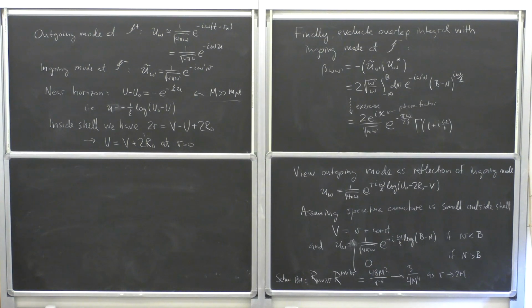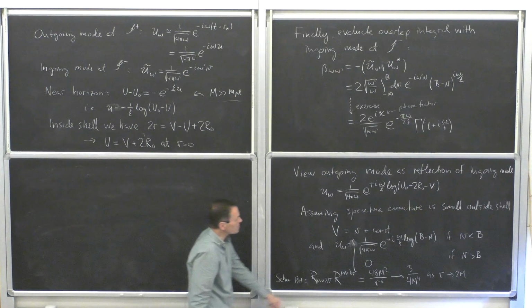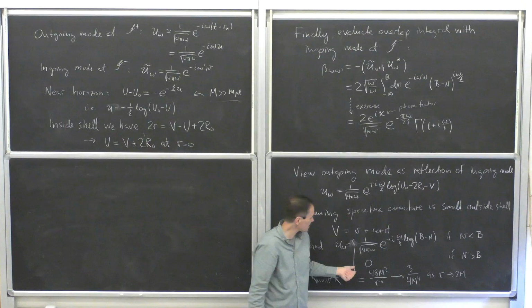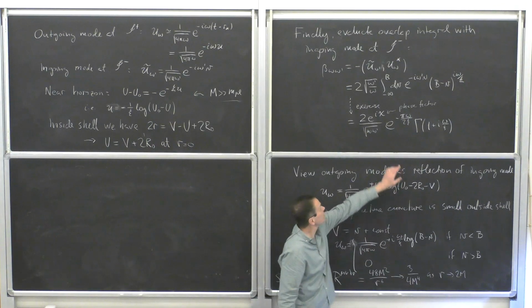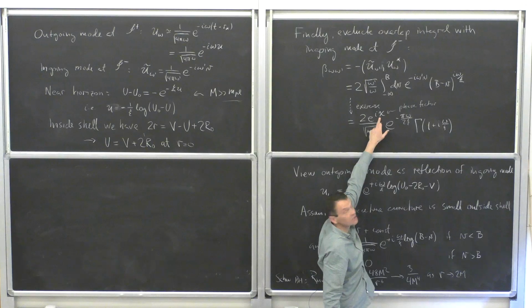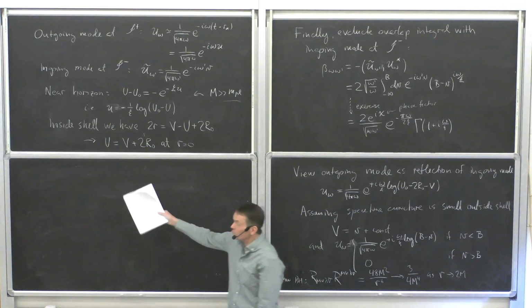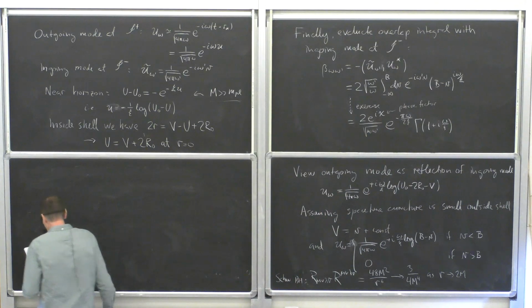I picked an arbitrary place on the shell, but if you notice, I was always very careful not to have it coincide with the reflection back. If I pick another place on the shell, it just means I'll change the value of b. But at the end of the day, b only appears inside this phase factor at the end, so all the b dependence is going to go away right now.